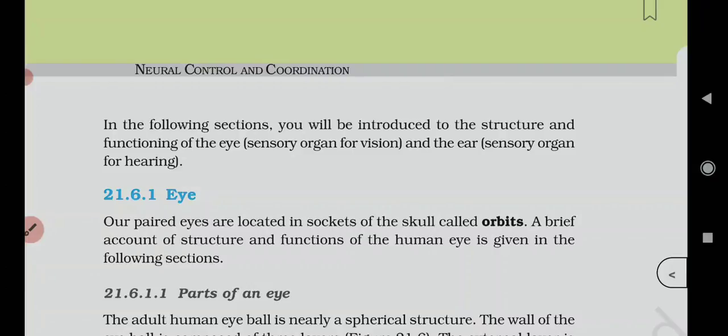There's a visible colored portion of the eye, which is pigmented and opaque, and that is called the iris. The iris has an aperture. The aperture surrounded by the iris is called the pupil. The diameter of the pupil is regulated by the muscle fibers of the iris.